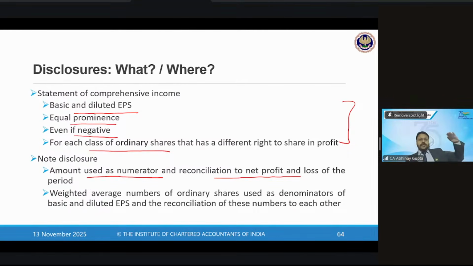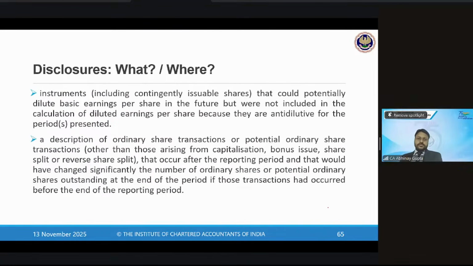So we started with the profit after tax, then we did some adjustments, and then we came to the profits available for ordinary equity shareholders. So this reconciliation needs to be disclosed in notes to accounts. Similarly, the weighted average number of ordinary shares used as denominators for the basic and the diluted, and the reconciliation of these to each other should be disclosed.